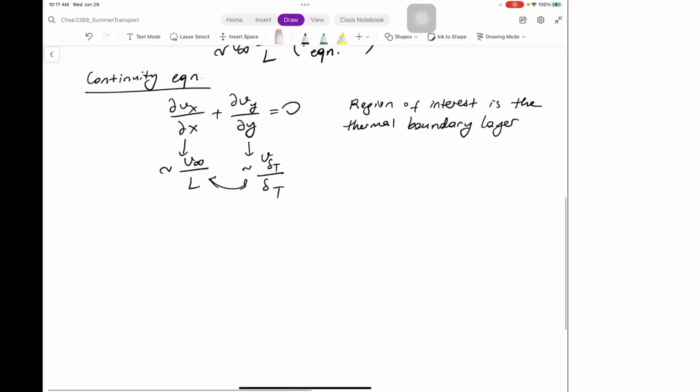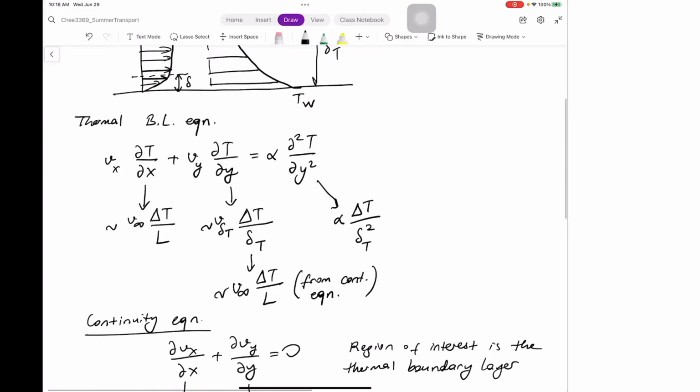So from the thermal boundary layer equation, what do we get? We get the following.